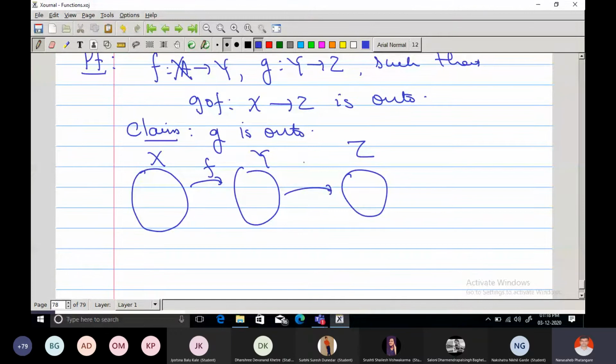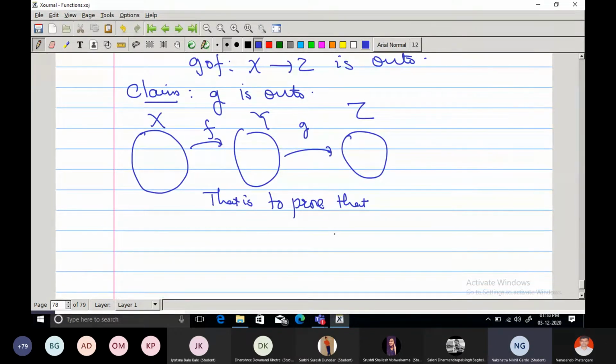Now we want to prove that G is onto. So how to start the process? What do we want to prove? G is onto means what? For each z in Z, there exists x in X such that G of x is equal to z.